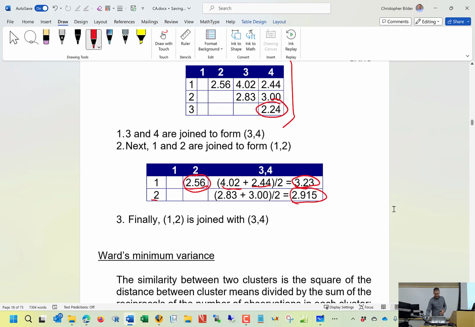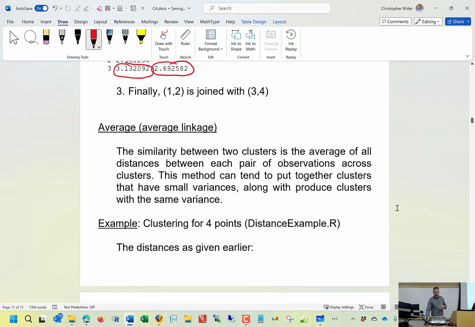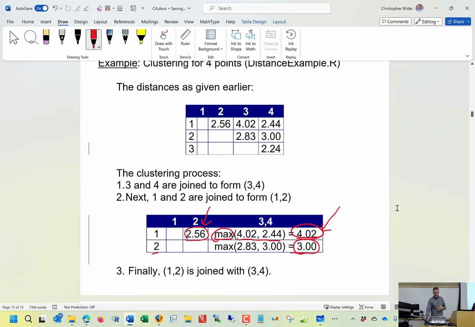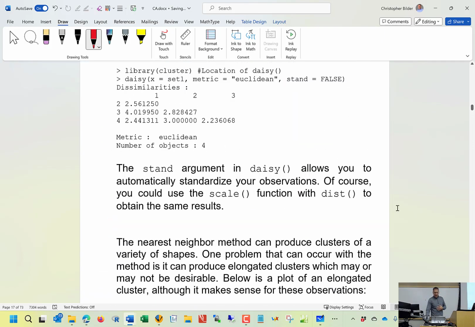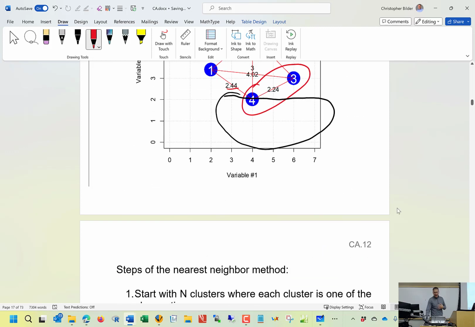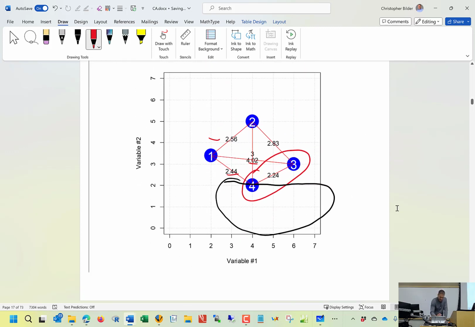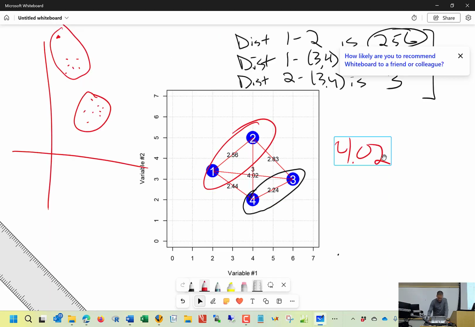In the end, I'm going to have a cluster with 1 and 2, and a cluster with 3 and 4. What's the actual distance then between these two clusters? I'm going to come back to the whiteboard. That's not working. Let me get to the eraser.